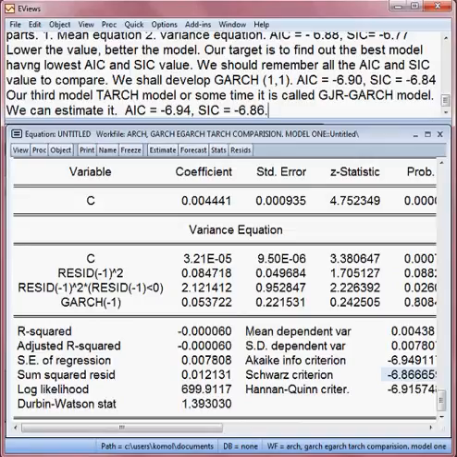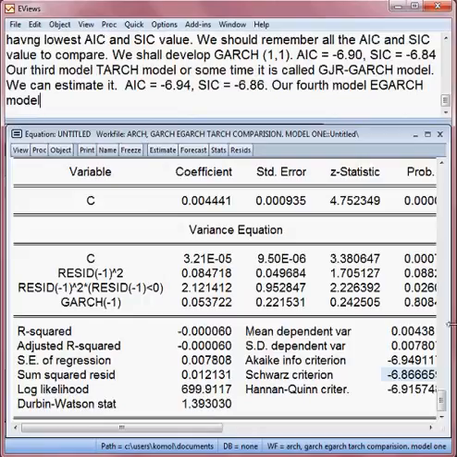Okay. Then our fourth model is the EGARCH model. That is our last model. And how to estimate it? I go to here, I click estimate.